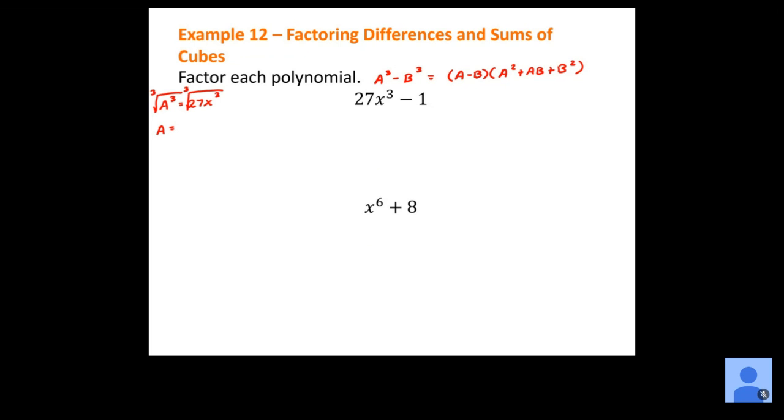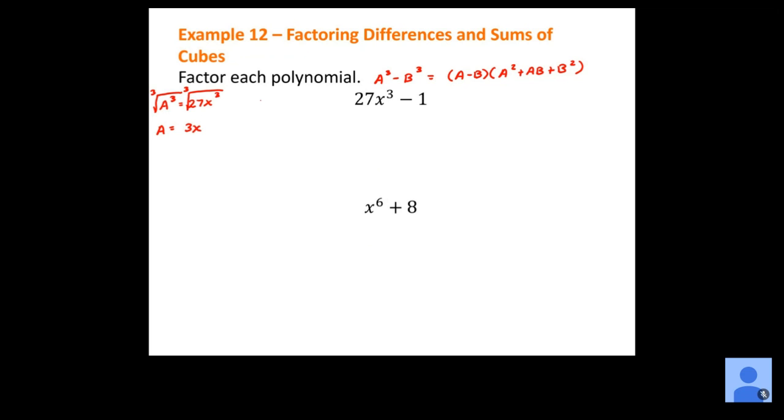That's going to leave us with a here because the cube root of a cubed should just give us a. Cube root of 27 is 3 because 3 times 3 times 3 is 27. And the cube root of x cubed is just going to give us x. So now we know our a value is 3x.